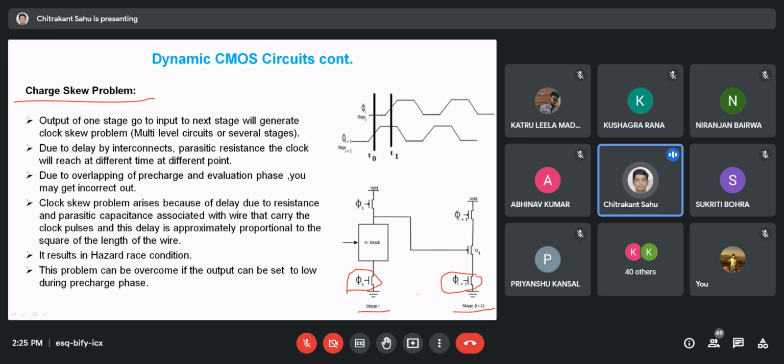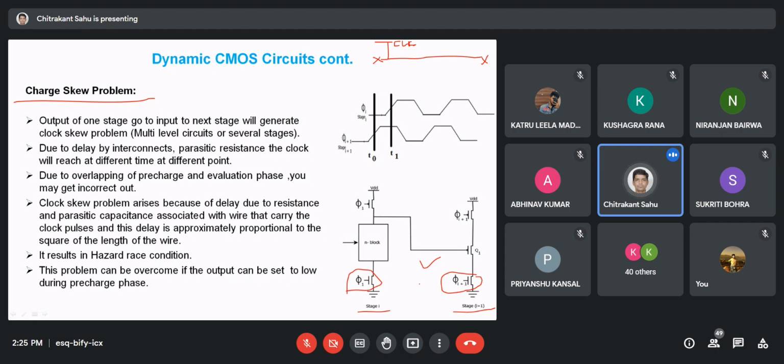But because of the path delay, or metal lines, suppose one transistor is sitting at this particular location and another at this particular location, and the clock is near to this one. So the clock will come early here, and because of the big network of the path, the clock will arrive late here.